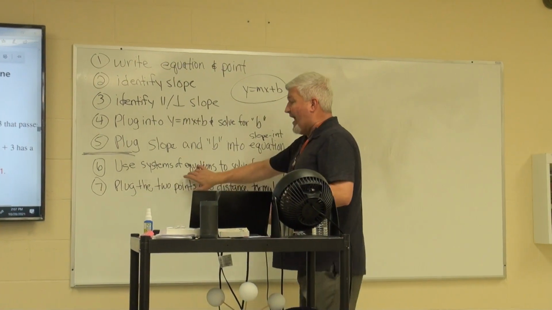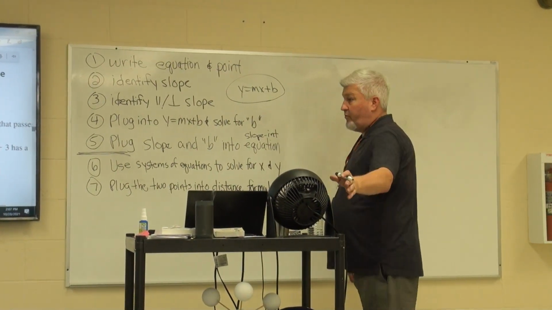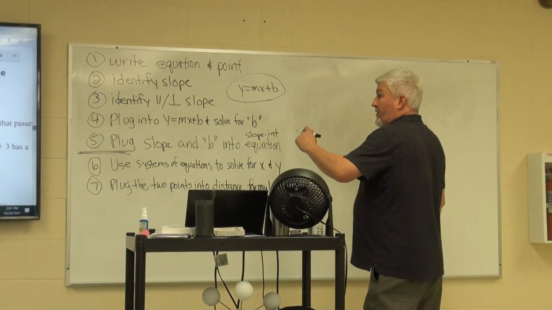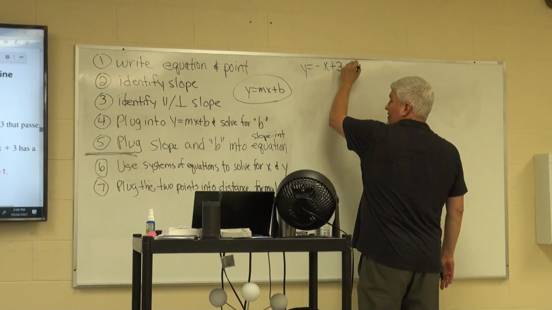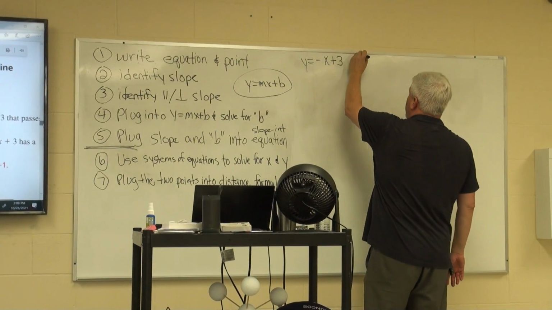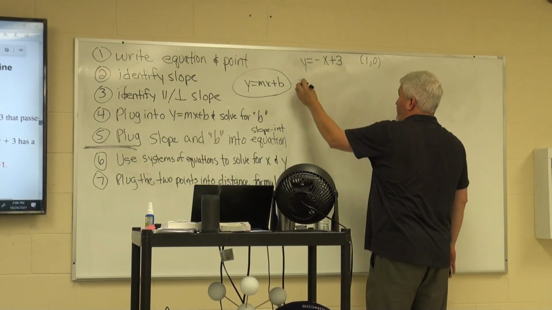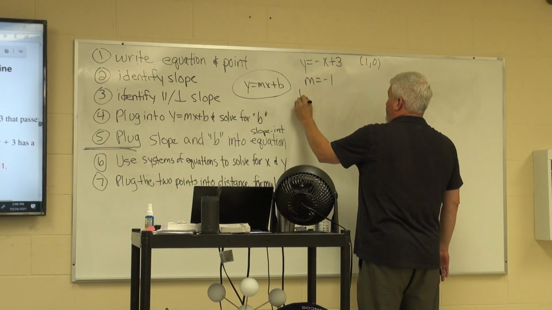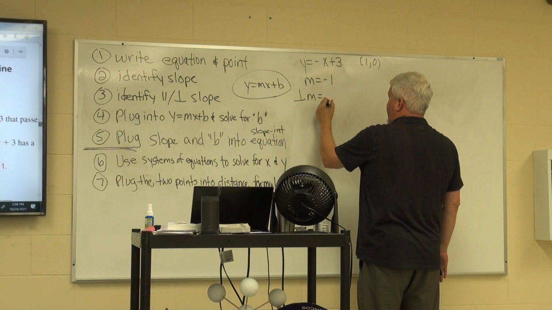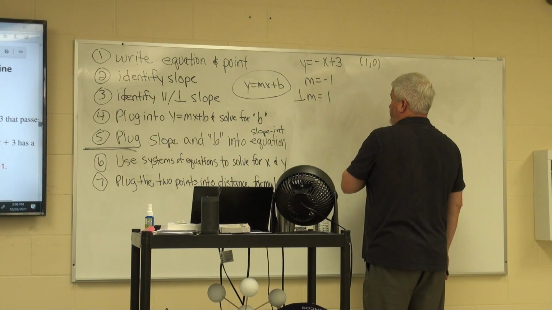So when you find these distances, you're dealing with perpendicular slopes, okay? Same steps, we just add 2 more in. Start with where we started. Write the equation, and the point they gave us, (1, 0). And step through. Slope is negative 1. Perpendicular slope, keep change flip of negative 1 is just 1.